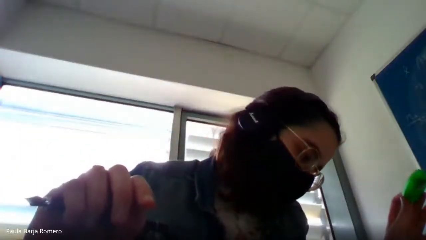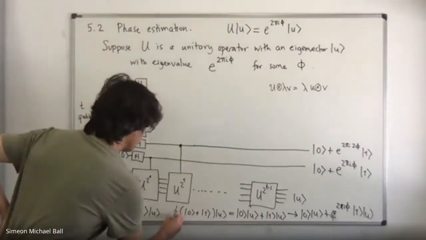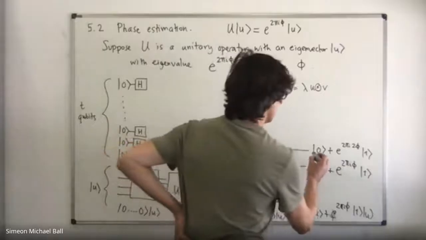The Hadamard gate, when you perform it on 0, shouldn't there be a 1 over square root 2?